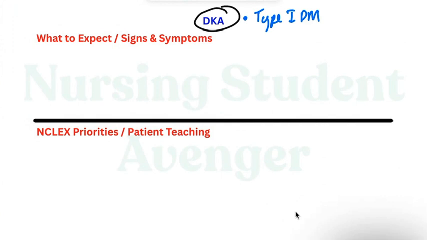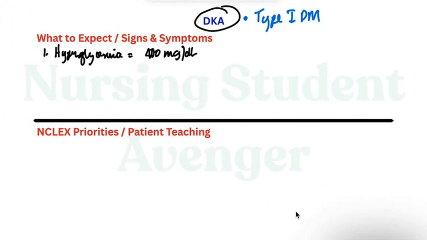The first thing that you're gonna see would be hyperglycemia, because it's DKA, right? So your blood sugar is around the 400 milligrams per deciliter mark, so around 400 to 500.